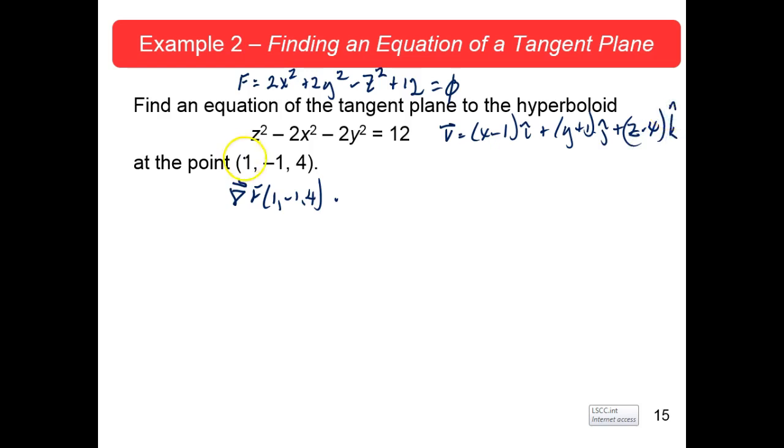That is guaranteed to be a vector in that tangent plane, a vector that's in there for any x, y, and z in the plane. Okay? So, what we have to do is find the gradient first. And what is the gradient of that function? Anyone remember how to do that?